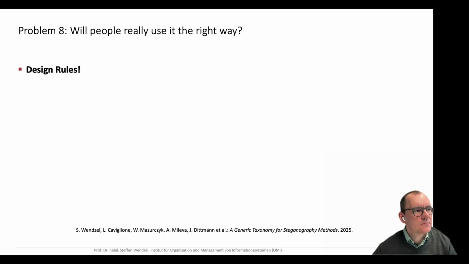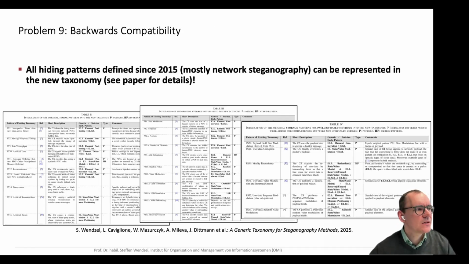All right. Will people use the taxonomy in the right way? Hopefully. We have foreseen several design rules that I won't bore you with at this point. Have a look at the paper. We took care of a lot. Backwards compatibility, problem 9, that's the last problem. We took care of that as well.